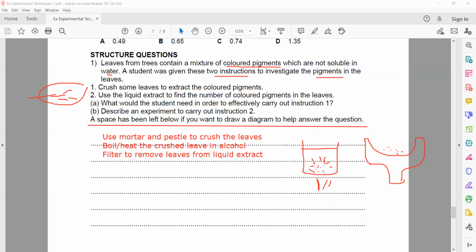Yes, Abdullah? Sir, but if we heat it, the color can also boil or evaporate. No, when you are heating or warming a solution, evaporation can happen, but only a small amount of liquid will evaporate. Most of the liquid will be there, because evaporation is a slow process.